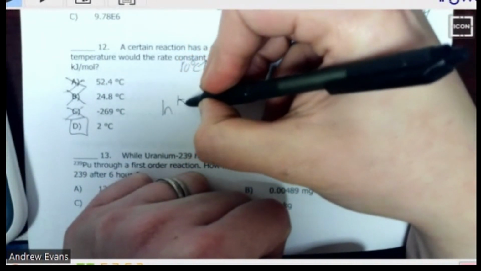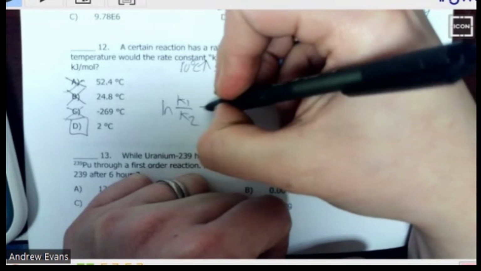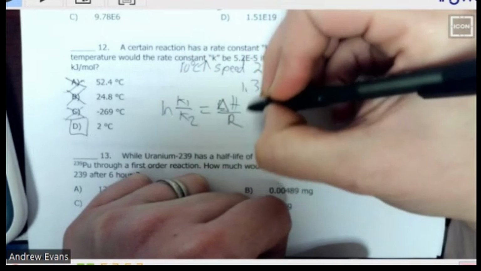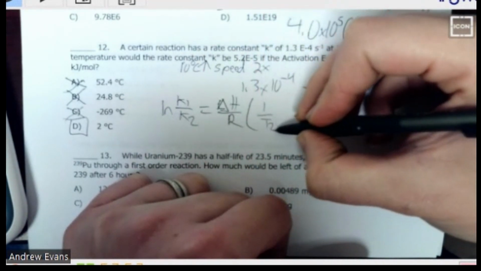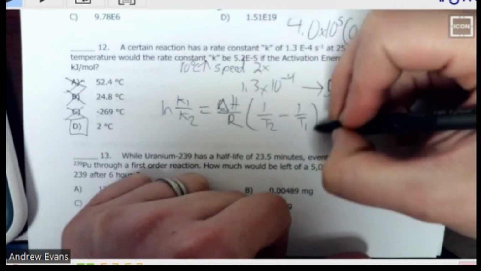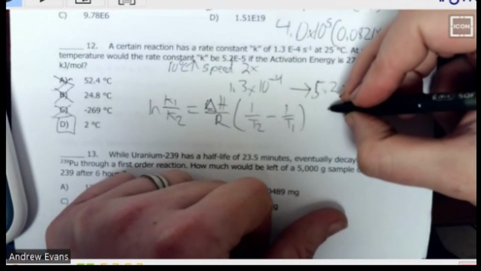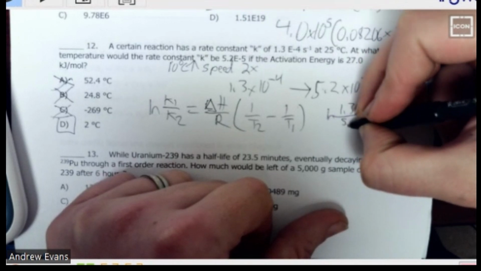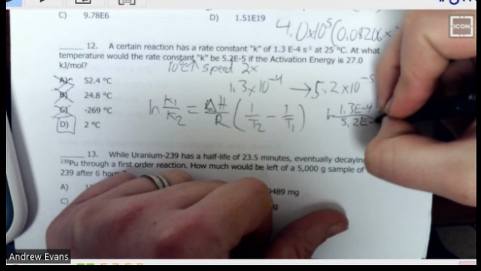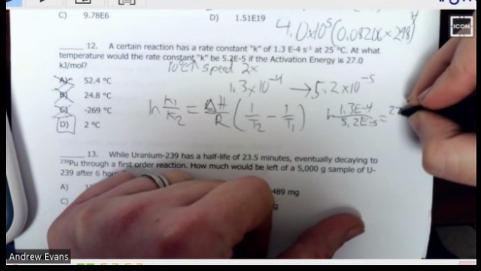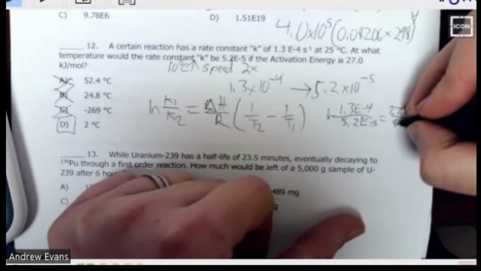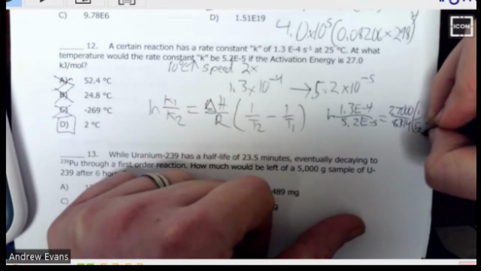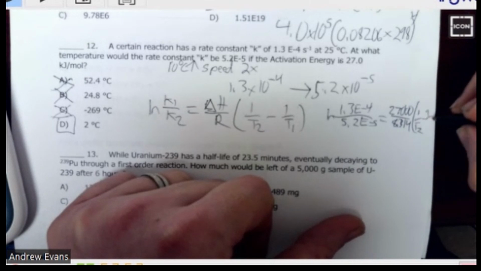ln K1 over K2 equals delta H over R times 1 over T2 minus 1 over T1. So ln of 1.3 E negative 4 over 5.2 E negative 5 equals 27,000 over 8.314 times 1 over T2 minus 1 over 298.